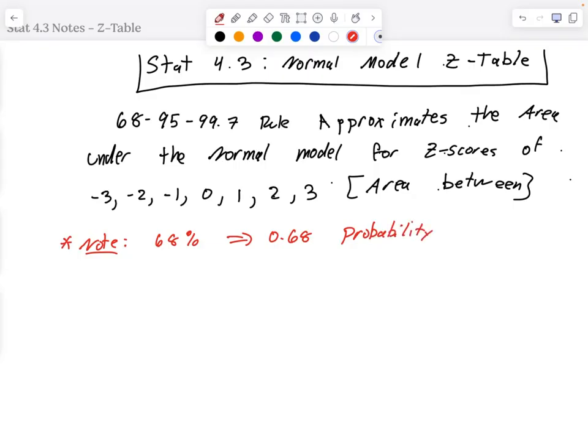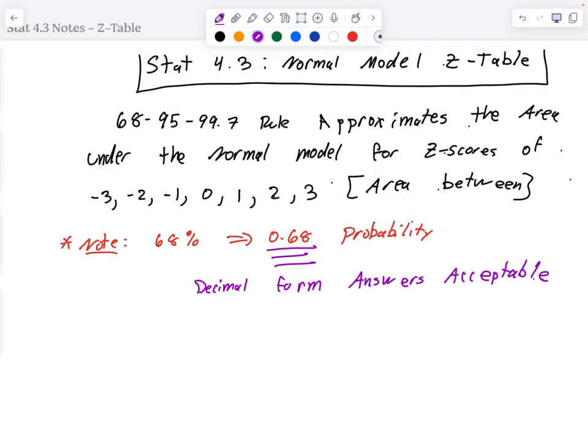So when we're doing this work, it is going to be okay to leave your answer in decimal form. Decimal form answers acceptable.